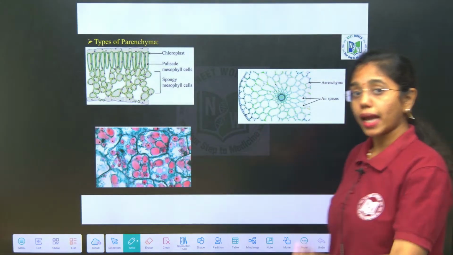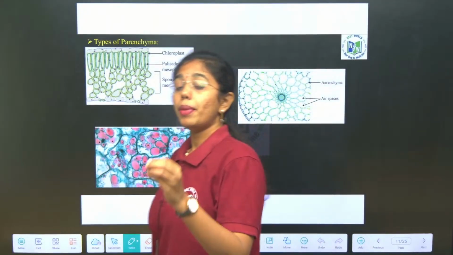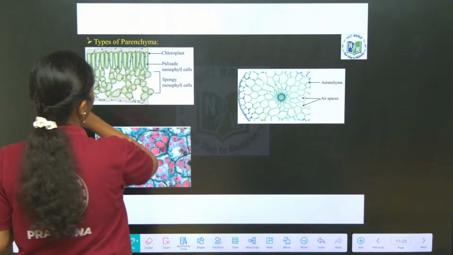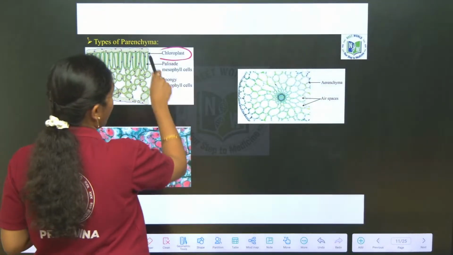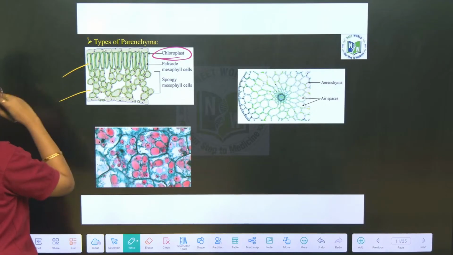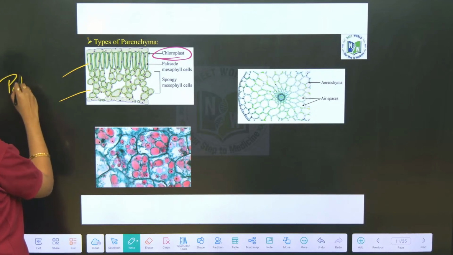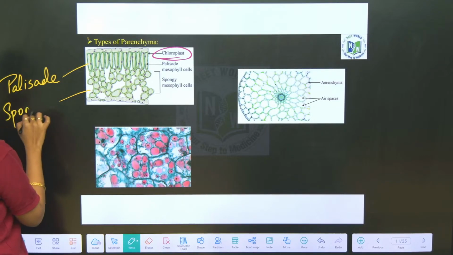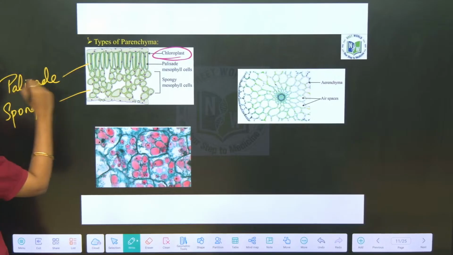We have different types of parenchymatous tissue based on the function. If parenchymatous tissue has chlorophyll in it or chloroplast, you will see it in palisade parenchyma and spongy parenchyma of a leaf. These cells will have what? Chloroplast in it.